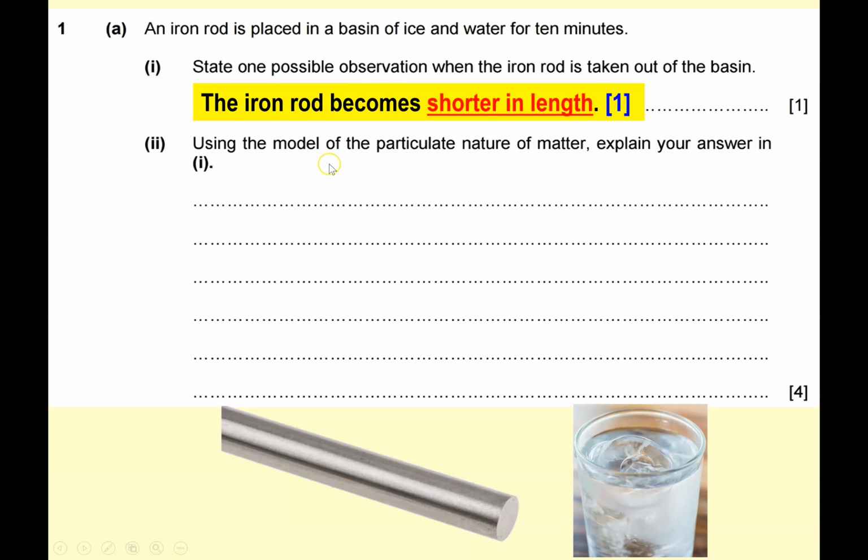Using the model of particulate nature of matter, explain your answer. When you see this, the model of particulate nature of matter, please use the word particles in your answer.